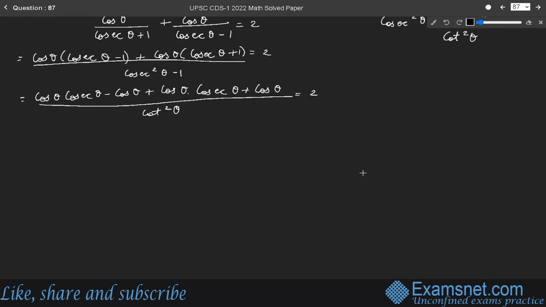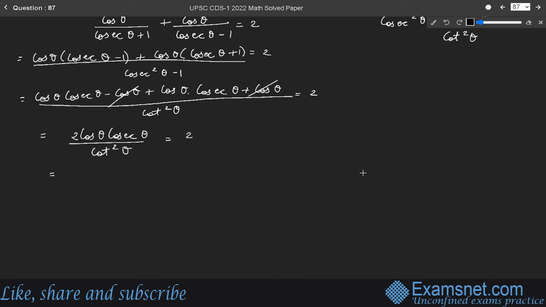Now on further solving, this cos theta and this cos theta will cancel, and it will be 2 cos theta cosec theta upon cot square theta is equal to 2.